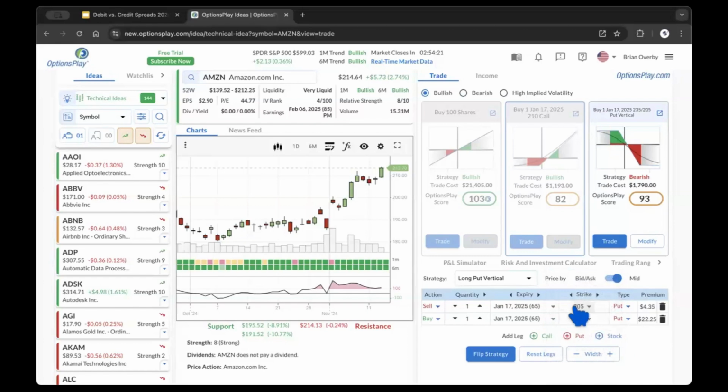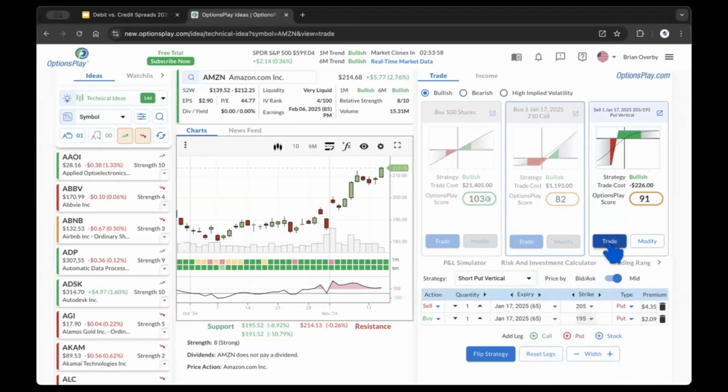I'm going to go with the 205 and then go down maybe 10 points. Because we're going so far out in time, there's going to be a lot of premium here. And I am going to buy the 195.